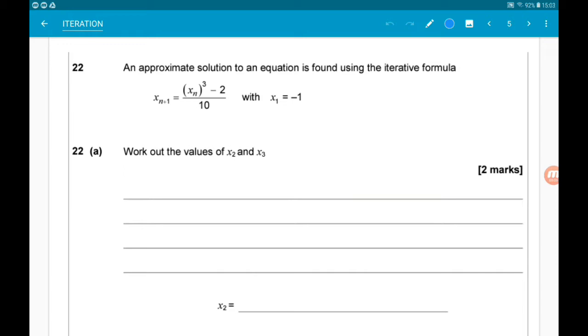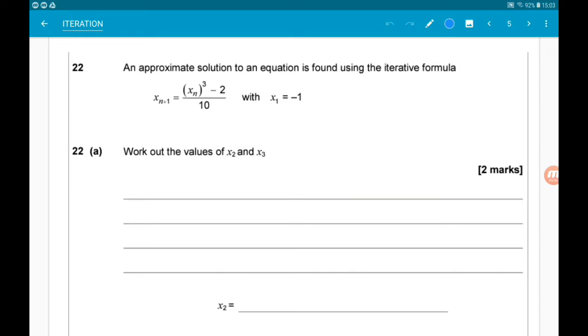1 is equal to xn cubed minus 2 over 10 with x1 equals minus 1. Part A. Work out the values of x2 and x3. So, put minus 1 into your calculator, press equals.